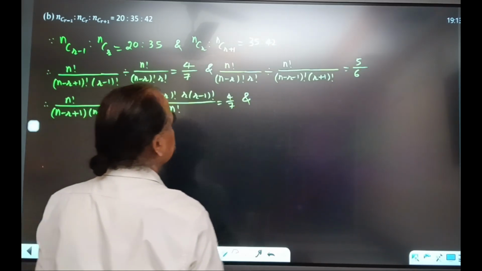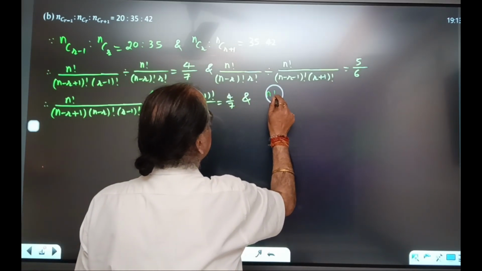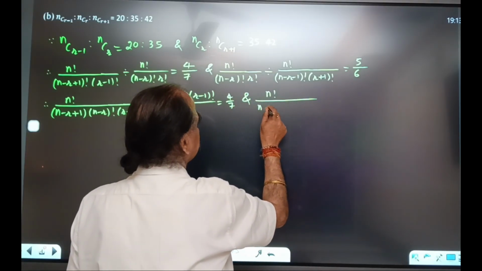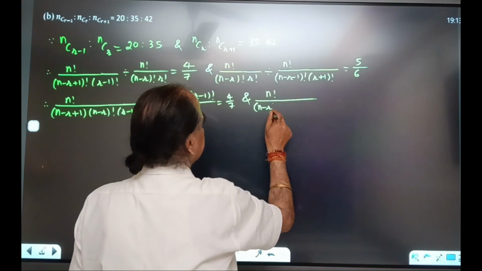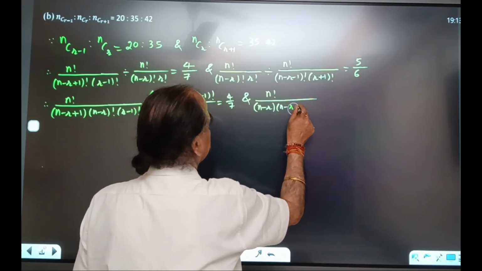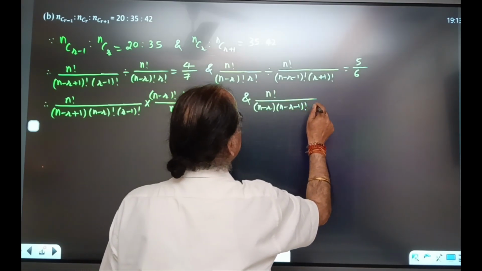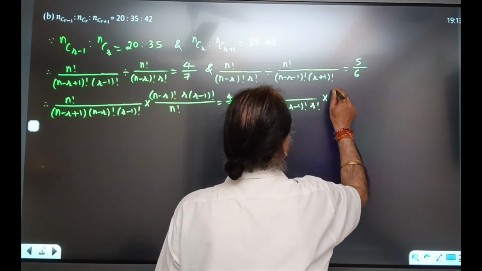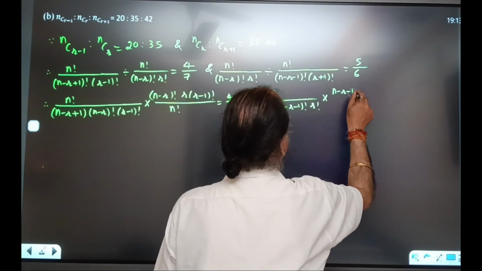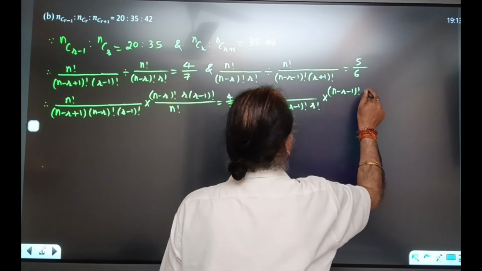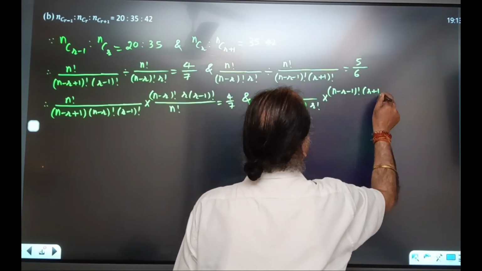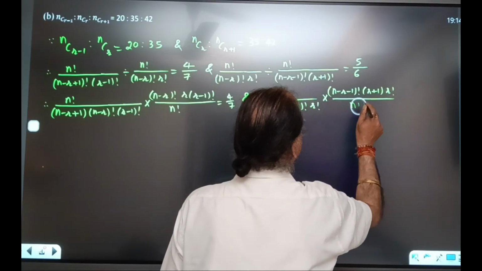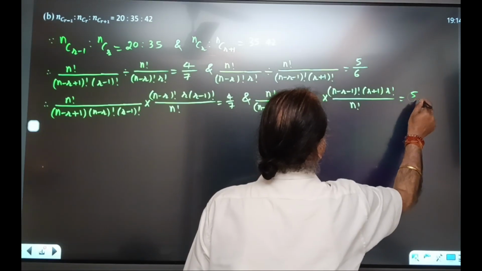And the other can be written as n factorial upon (n minus r) factorial into r factorial, multiplied by (n minus r minus 1) factorial into (r plus 1) into r factorial, upon n factorial, equal to 5 by 6.